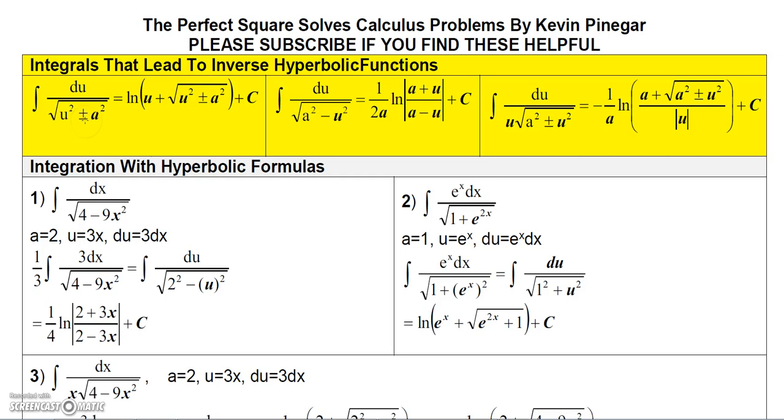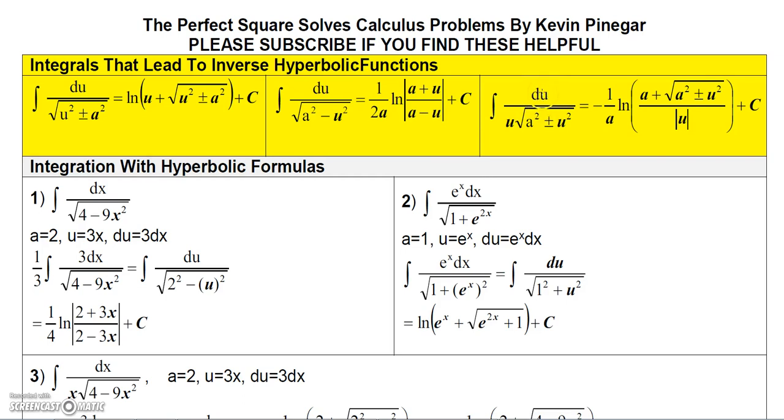If this formula had the minus in it, then the result would have the minus in it. Okay? And then here's a formula for if you integrate du over the square root of a squared minus u squared, then you get 1 over 2a times the natural log of the absolute value of a plus u over a minus u plus a constant. And then here's another one with the plus or minus in it.